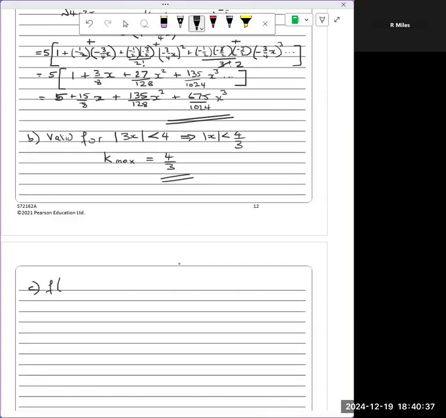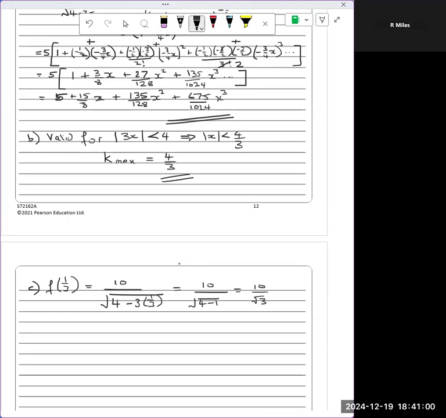So f of 1/3 is 10 over the square root of 4 minus 3 times a third. And that is 10 over the square root of 4 minus 1, which is 10 over root 3. And that's where we're going to get our root 3 from.